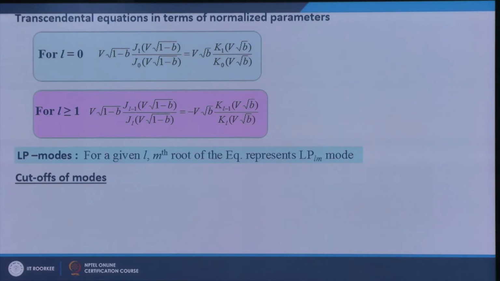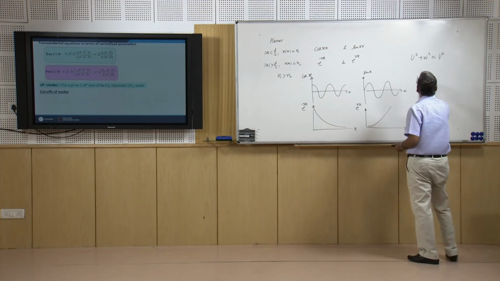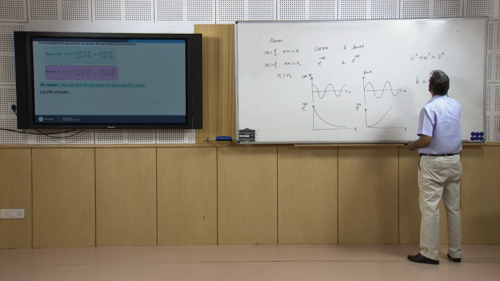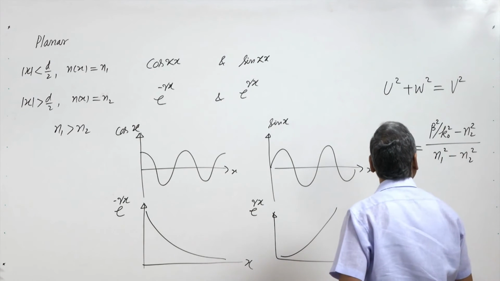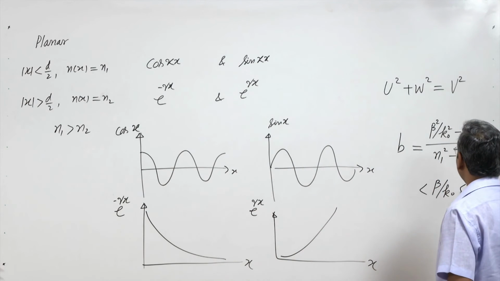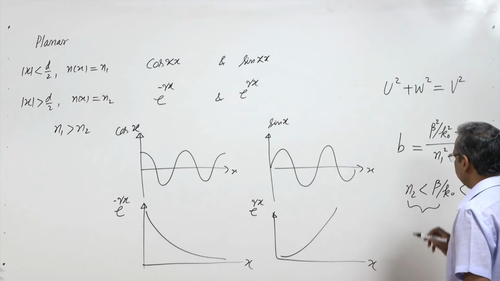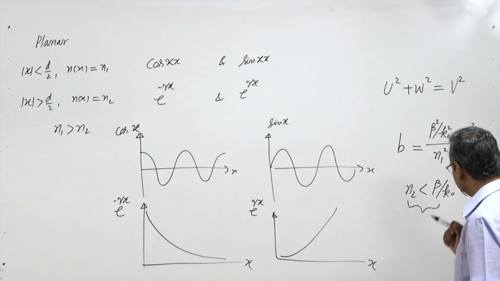What are the cutoffs of the modes? Well, if you look back, our b is defined as beta square over k naught square minus n2 square over n1 square minus n2 square, and for guided modes beta over k naught lies between n2 and n1, and beta over k naught equal to n2 defines the cutoff.